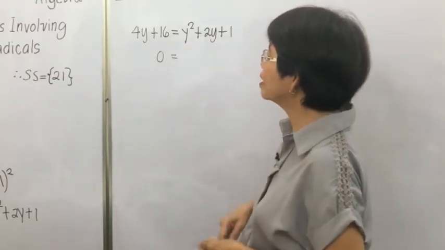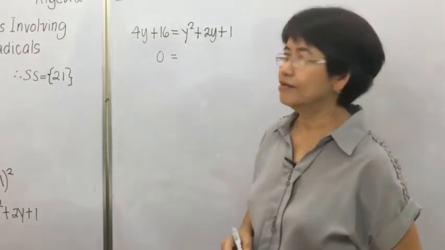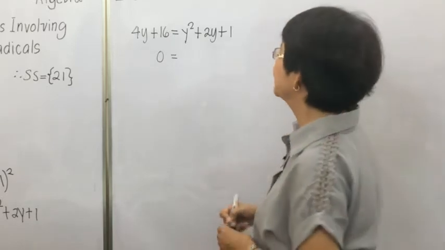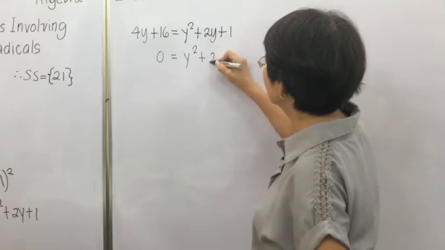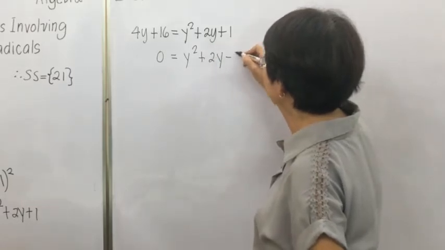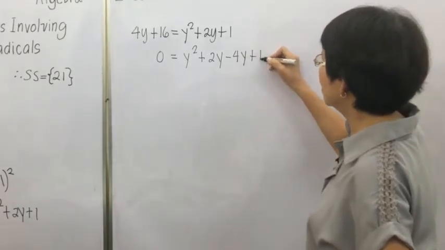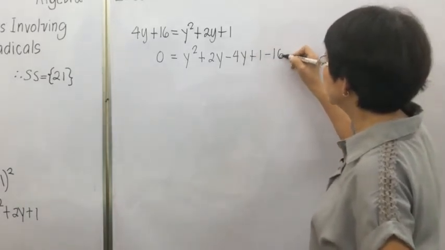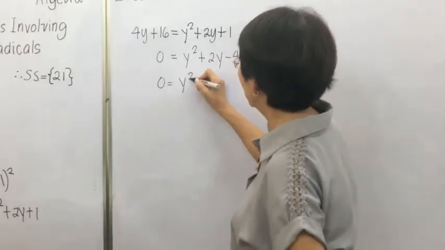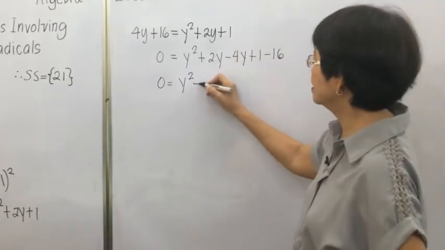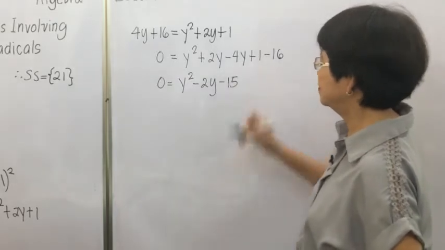So we will just subtract 4y and subtract 16 from both sides of the equation. So we have y squared plus 2y minus 4y plus 1 minus 16. 0 is equal to y squared minus 2y minus 15.